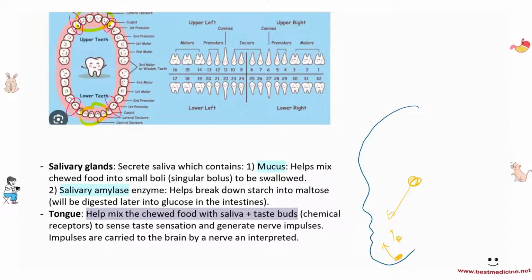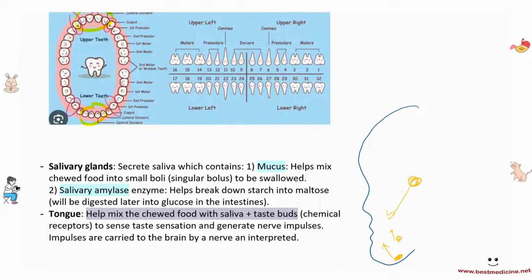Saliva contains, number 1, mucus. Mucus is a watery substance that helps mix chewed food into small boli, singular bolus, to be swallowed.